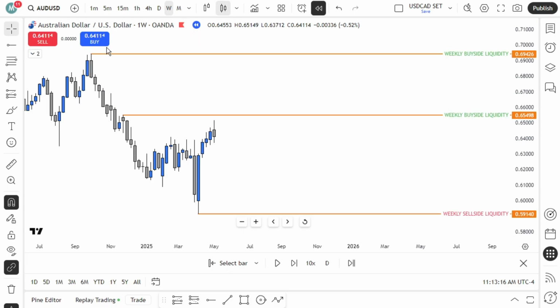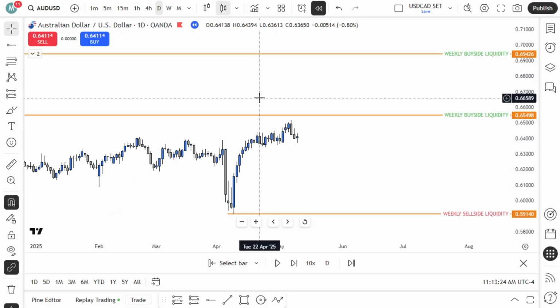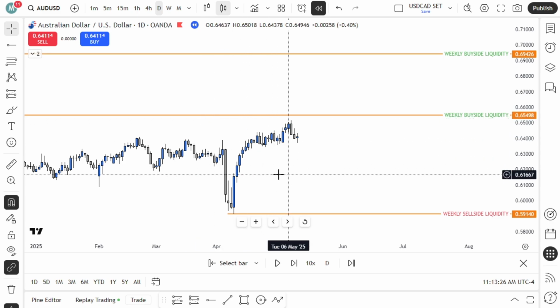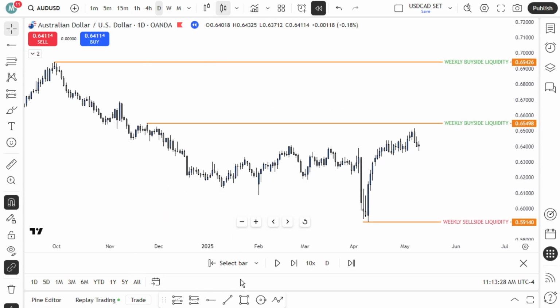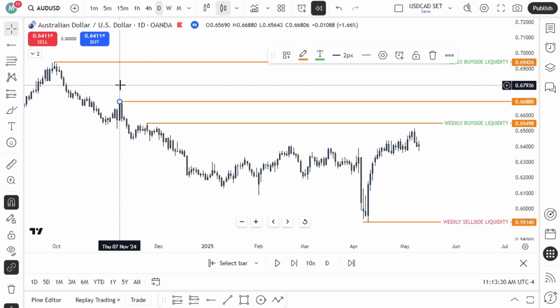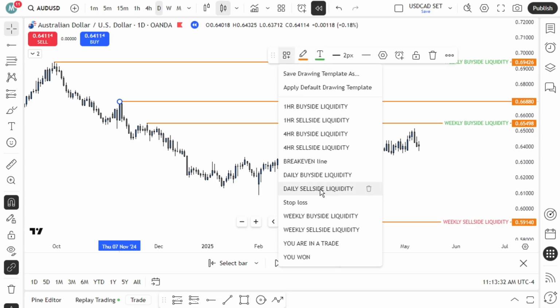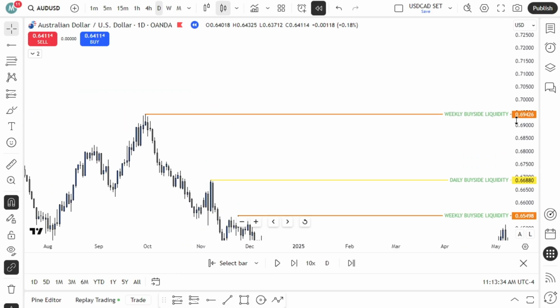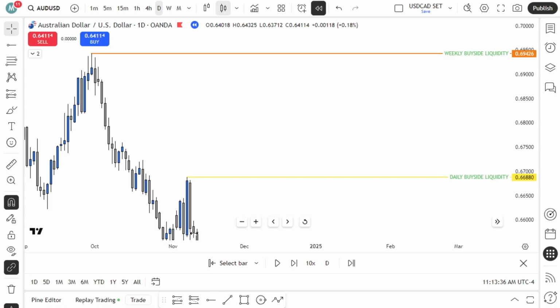Okay, now that we've marked out the weekly chart, we can scroll into the daily chart and find our levels of liquidity. We have this daily buy side.